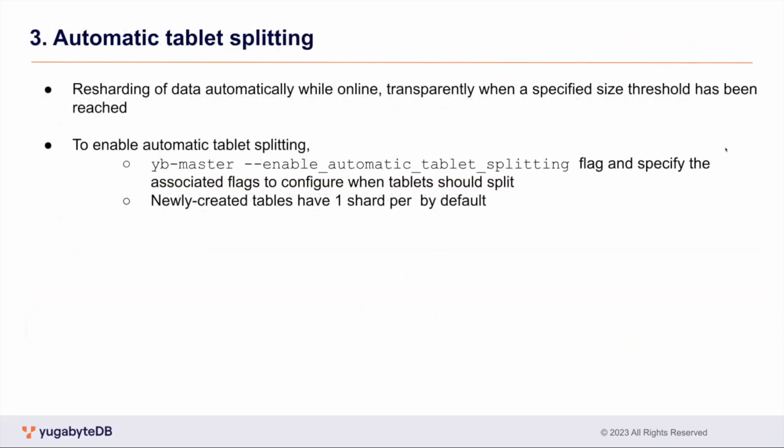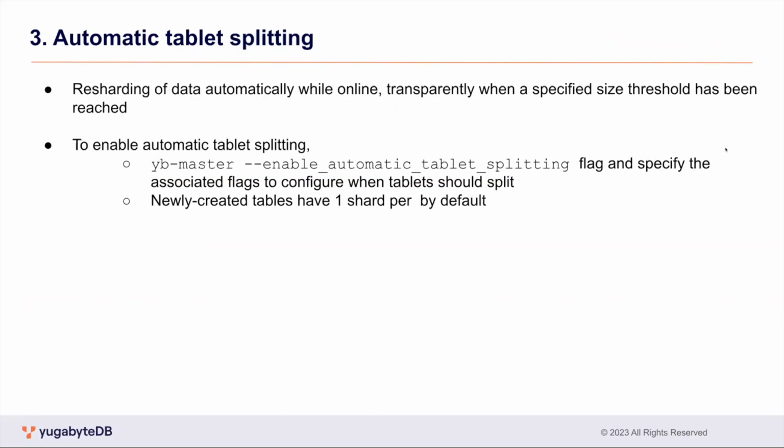So now let's go to the new one, which is now the recommended one, I would say: automatic tablet splitting. You let YugabyteDB decide for you. This will happen online, transparently, when a specified size threshold has been reached.